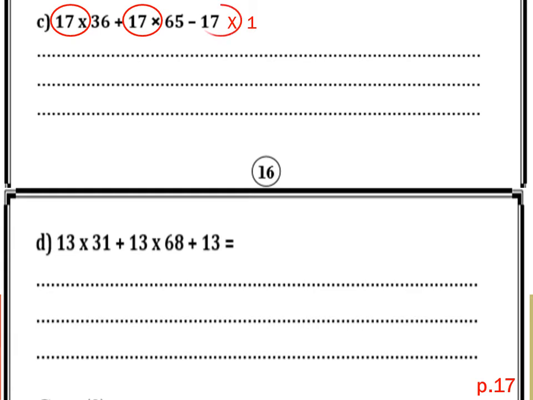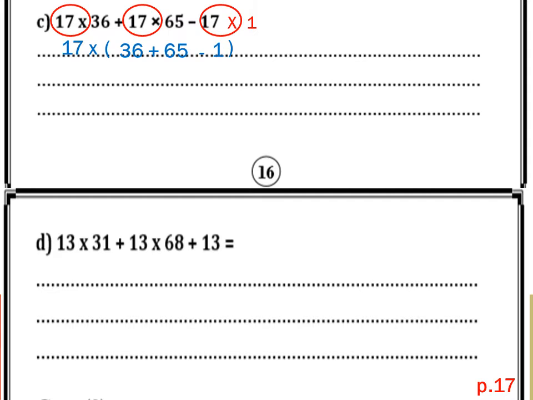And now circle 17 times here and collect the 17, write it only 1 time. So 17 multiply. And now open bracket and write the rest. Here our bracket, write 36 plus 65 minus 1, and don't forget to write the 1. And here close the bracket.